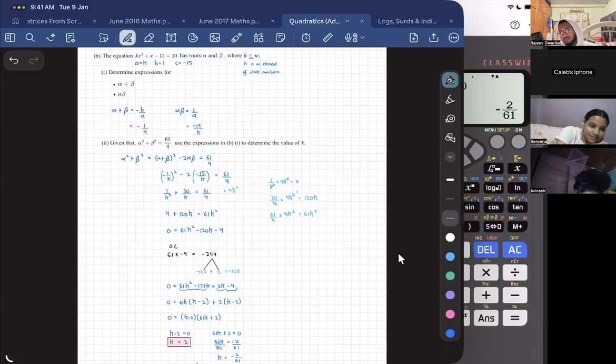Then I have a question. Yeah, talk to me. In the beginning, when it said kx squared plus x minus 15 equals 10, you don't have to move across the 10? Oh my god. That's what I did at first, because I didn't finish the question, and that's where I reached up to.